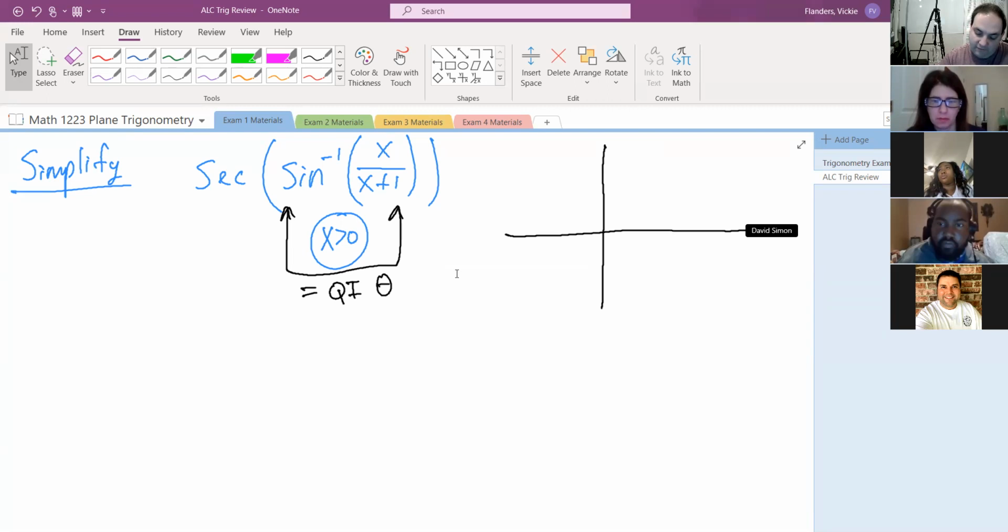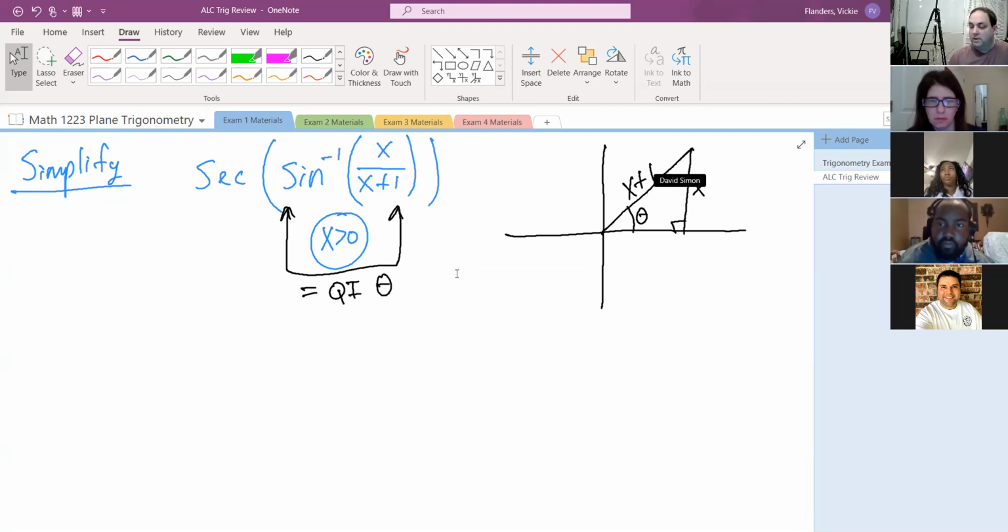So in other words, I've got something like this. Theta is some angle in quadrant 1 such that the sine is x over x plus 1. That means I could label this side over here as x and the hypotenuse over here as x plus 1.